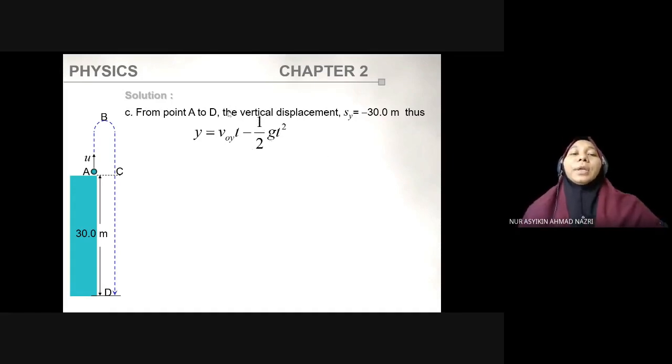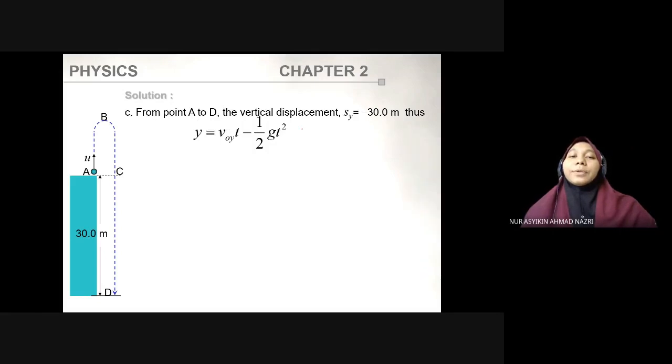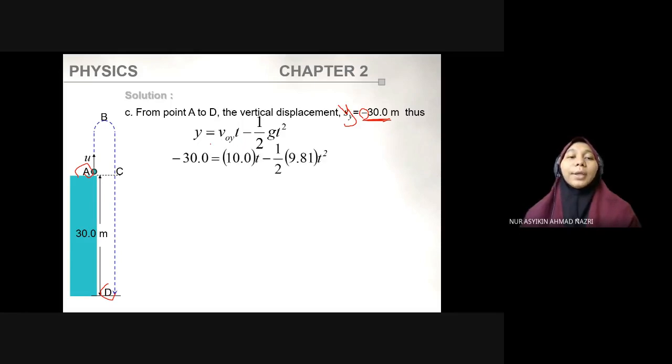Okay, so here dia label kat sini. Right, so here, label here A to D. So you need to find from A to D. Bukan from A. I mean, dia nak velocity kat sini kan? The time. Oh, time taken. Okay, so time taken from A to D here. So, label here, your Y here, awak kena letak negative 30. Okay, negative 30. Why?